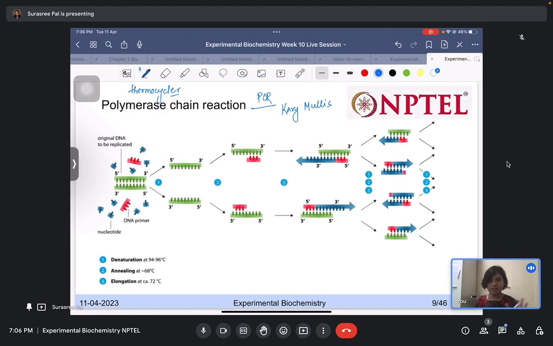So, what are the different parts of this PCR reaction? First of all, the components of the PCR reaction require a DNA template, which needs to be amplified.